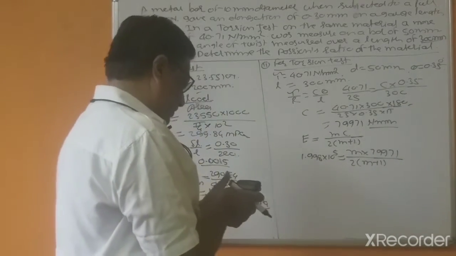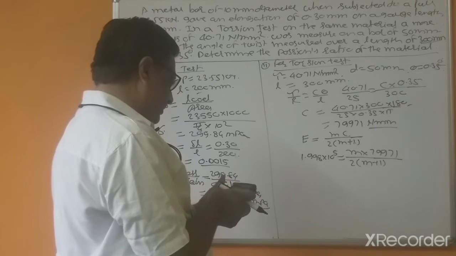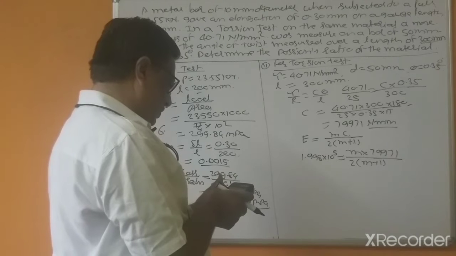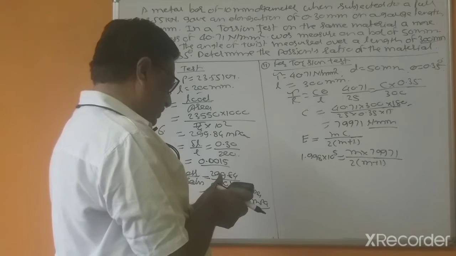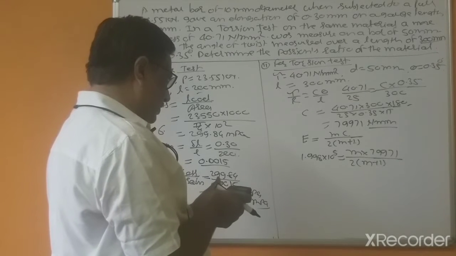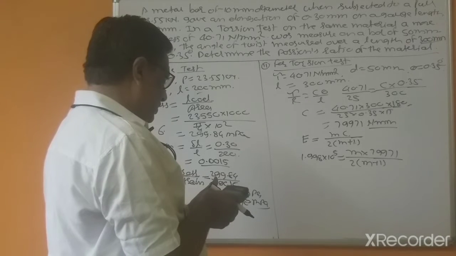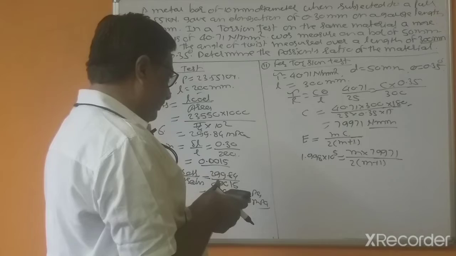So 1 divided by 2 multiplied by 1.998 into 10 to the power 5, multiplied by 2, and so on.